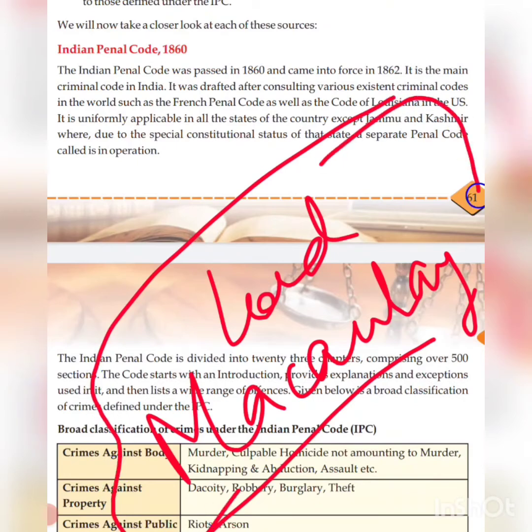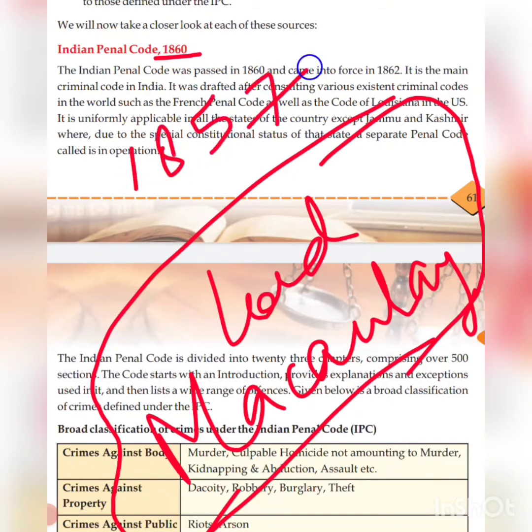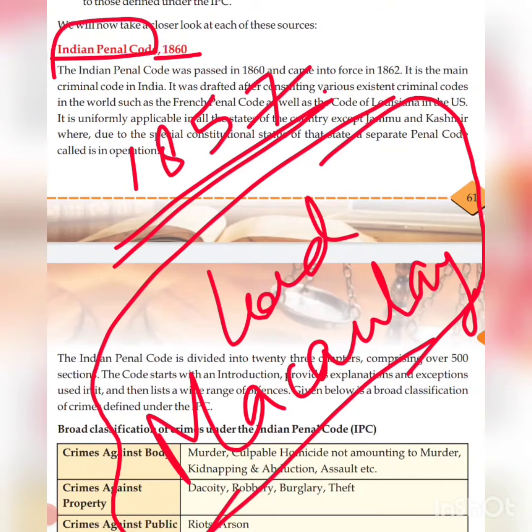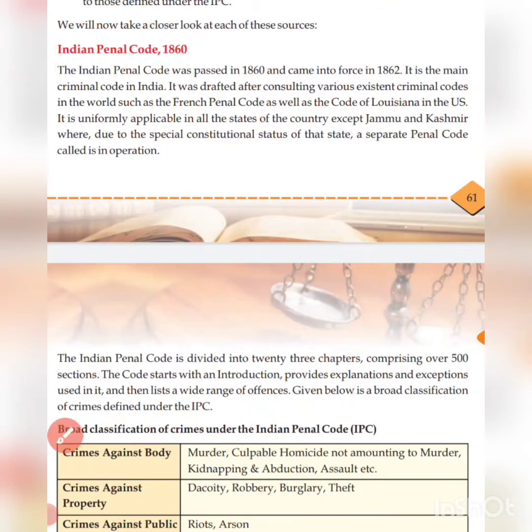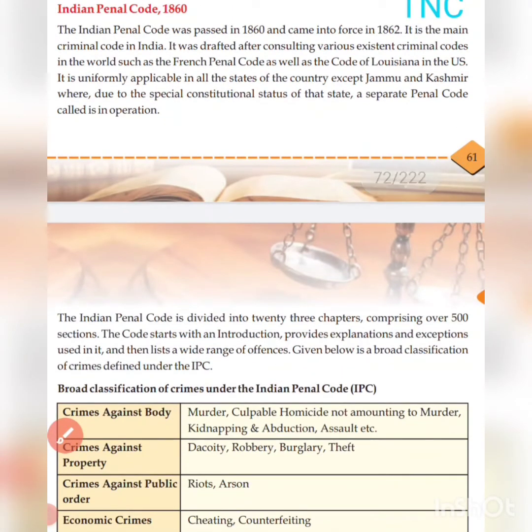IPC was framed by Lord Macaulay, and if you see this year 1860, it is very near to the first war of independence of 1857. So after this revolt, this upthrust, this code was made by the Britishers. That अब जो कोई क्राइम करेगा वो इस बुक के हिसाब से हम उसको पनिशमेंट देंगे.